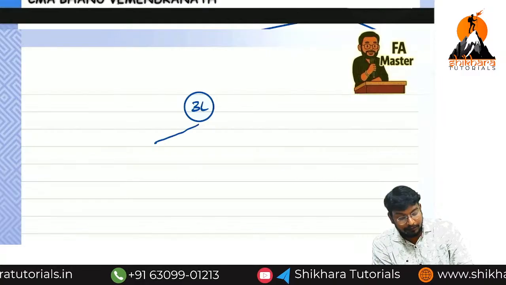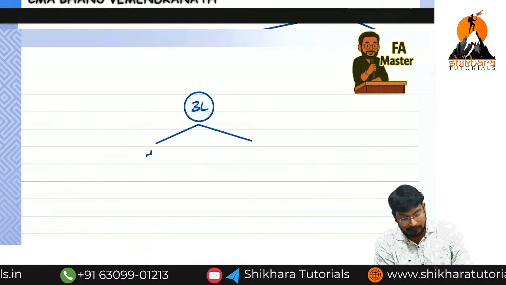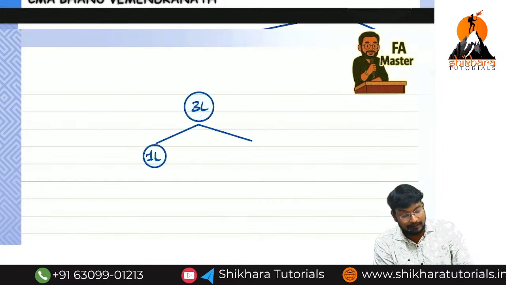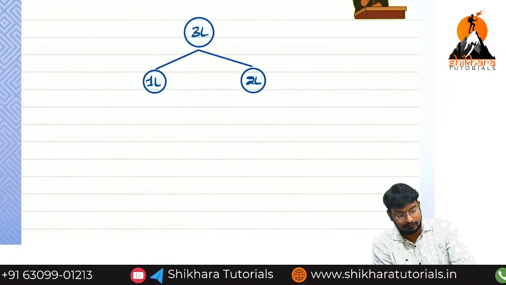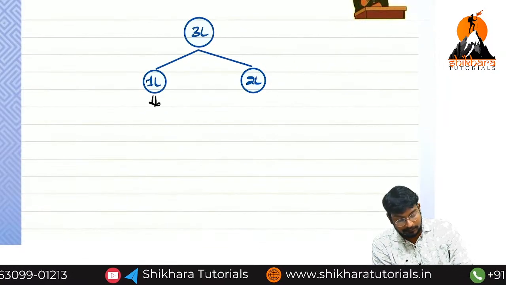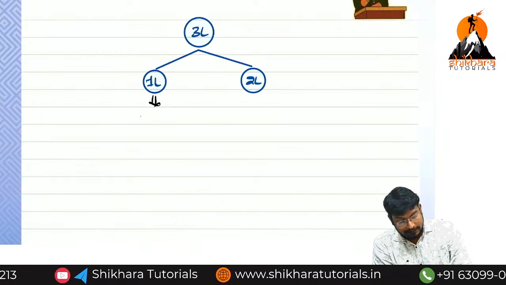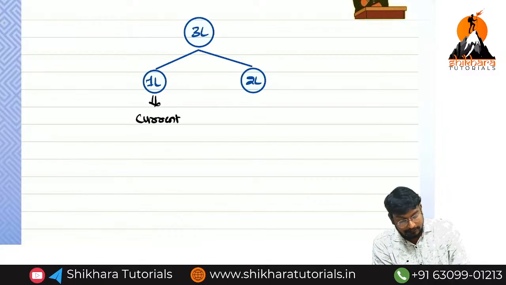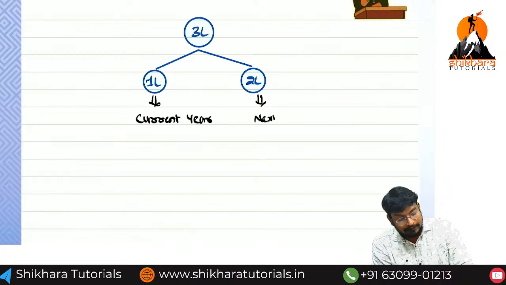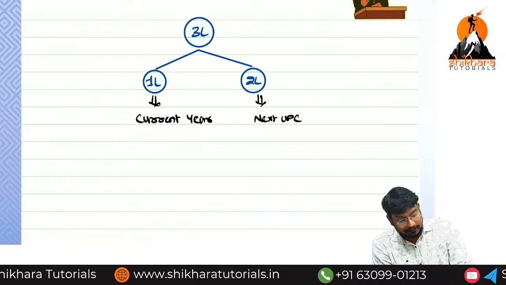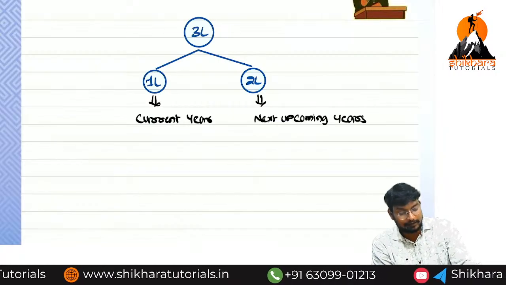We are going to divide into 2 parts: 1 lakh and the balance 2 lakhs. 1 lakh related to the current year, and 2 lakhs related to the next upcoming years. Please listen.